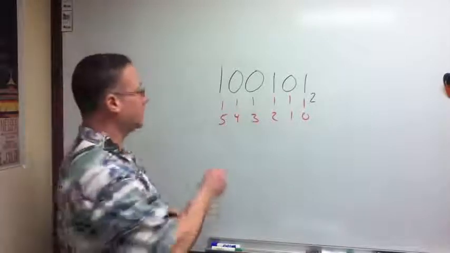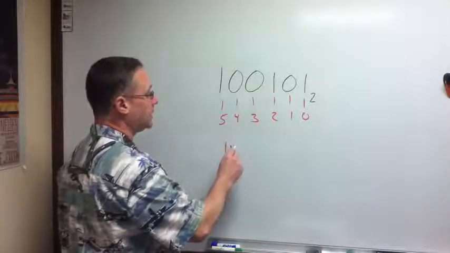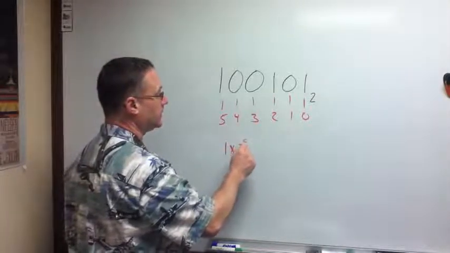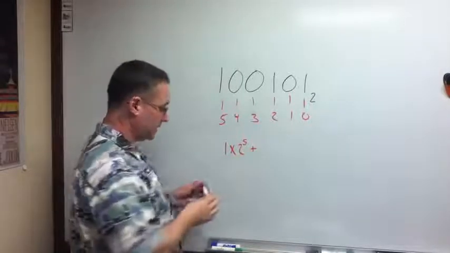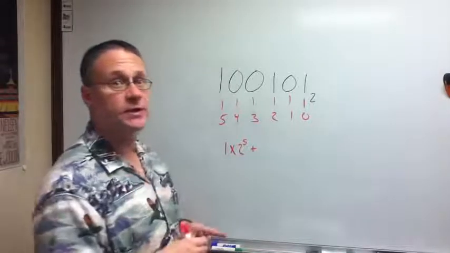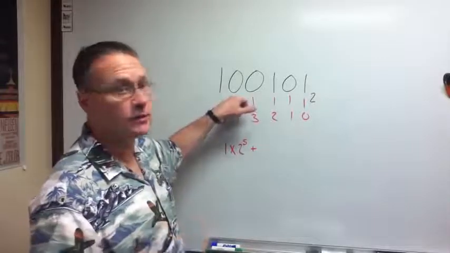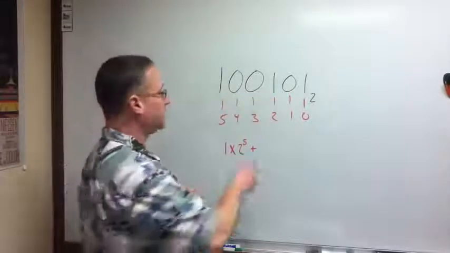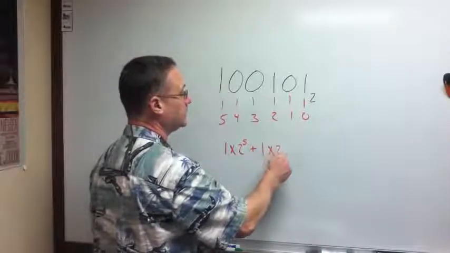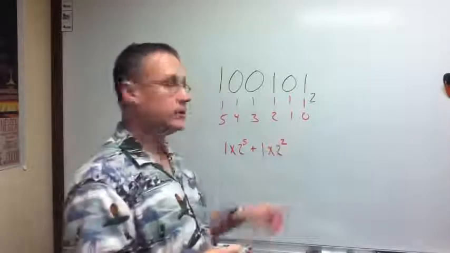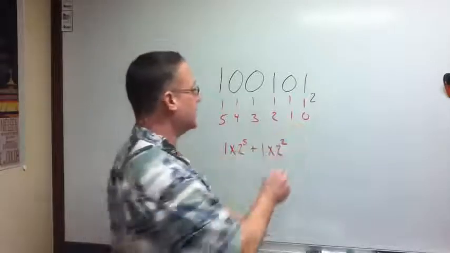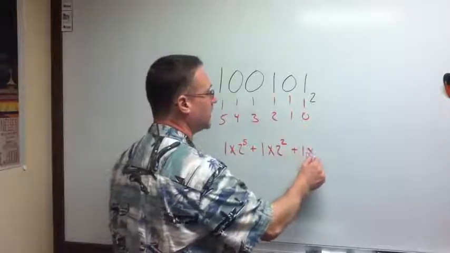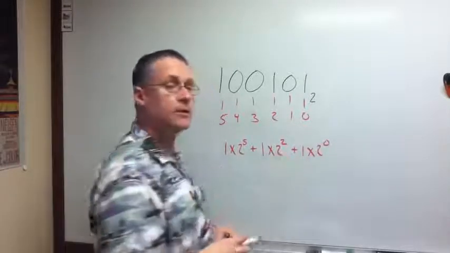So this would be 1 times 2 to the fifth plus, and I'm just going to skip the ones that are 0 because 0 times anything is 0. So skip that, and then go to the next one. And I've got 1 times 2 squared. Skip that. The last one, 1 times 2 to the 0 power.